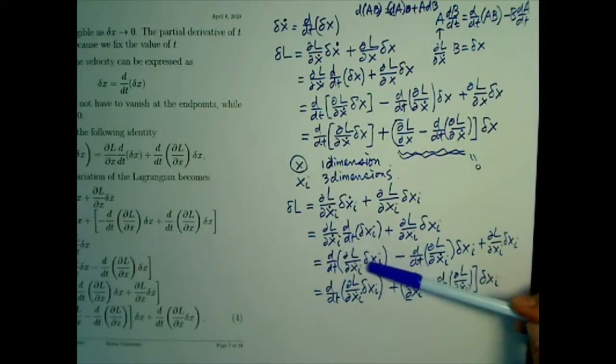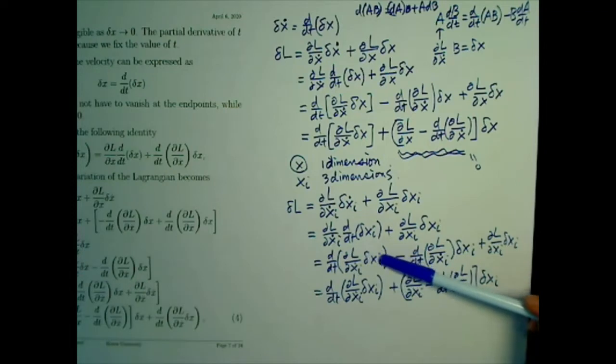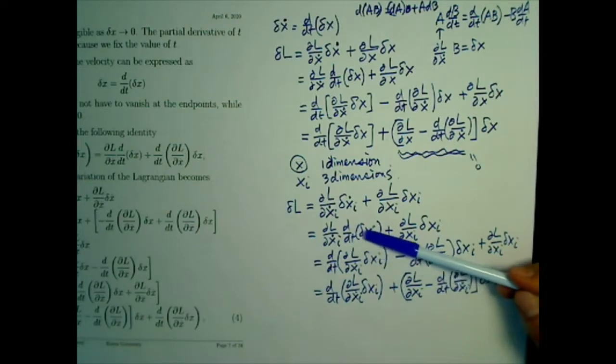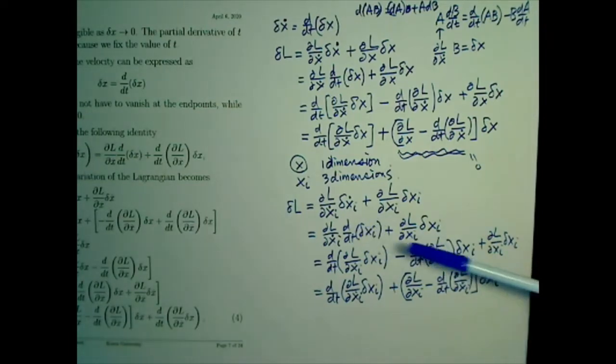This conjugate momentum Pi multiplied by the variation delta xi, subtracted by the variation delta xi and the negative sign, derivative of the Pi, that is conjugate momentum of xi.